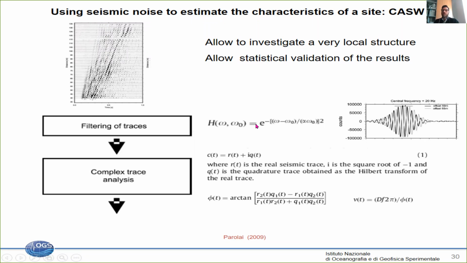So in principle, the method was based on making a filter of the recorded seismogram for each frequency we wanted to study.